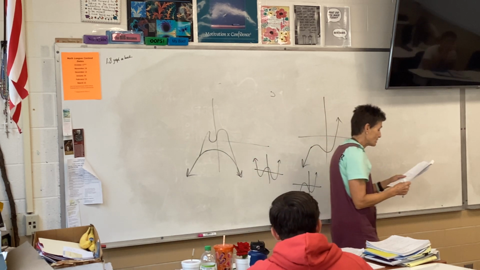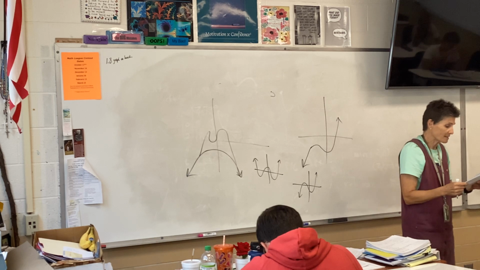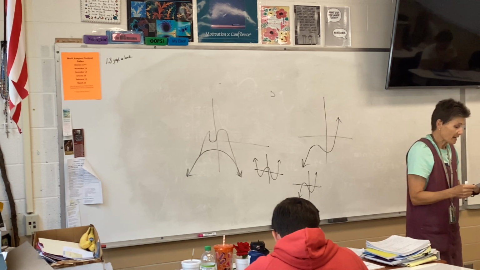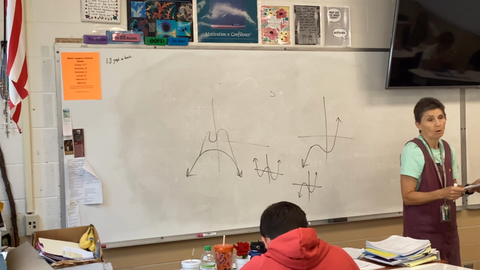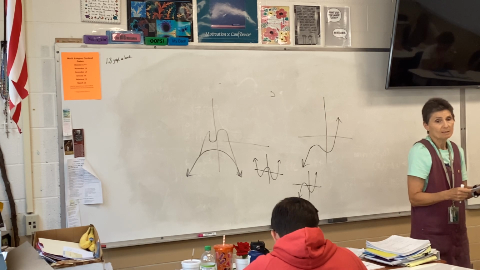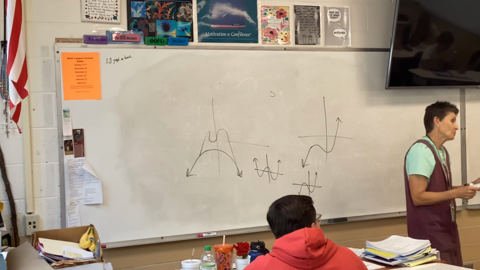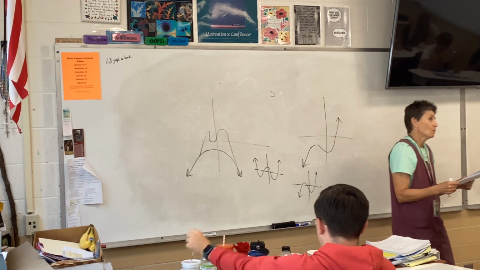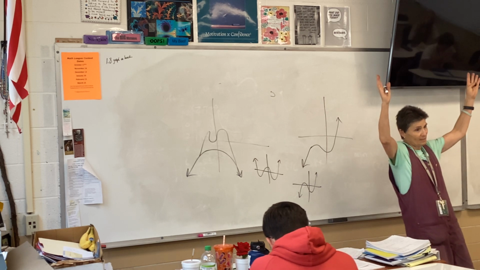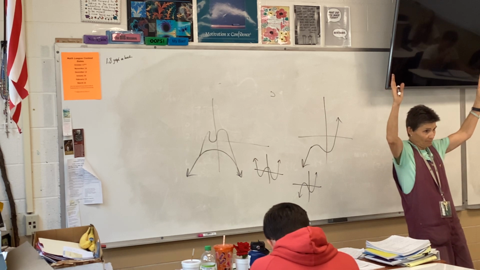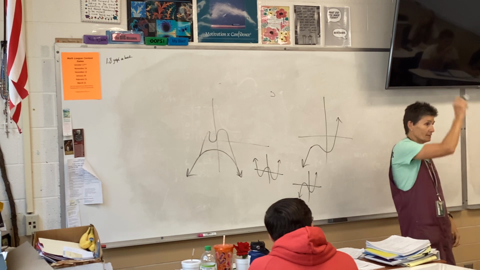The right side goes up if the leading coefficient is positive. The right side goes down if the leading coefficient is negative. That will always happen. I do not necessarily want you to memorize that, guys. You've got too much to memorize. Just remember that evens are up, up, and odds are down, up.